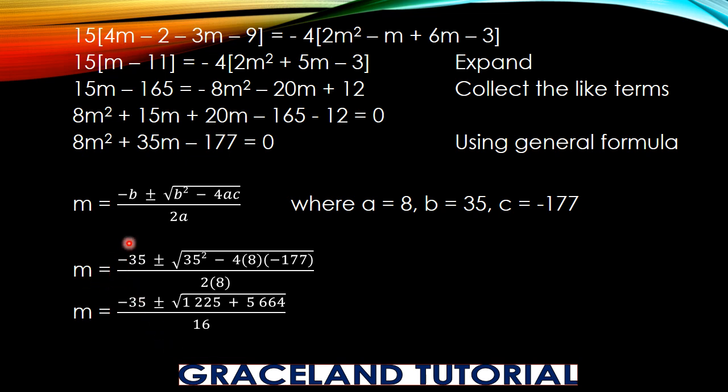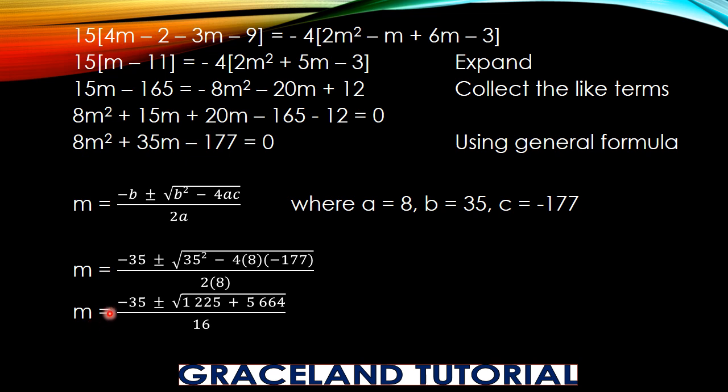So m will be equal to minus, since b is 35, so we have minus 35, plus or minus b squared will turn to 35 squared, minus 4 times, since bracket means times, a is 8 times 8, times c is minus 177, so times 177, over 2 times a, which is 2 times 8. a is 8, 2 times 8.